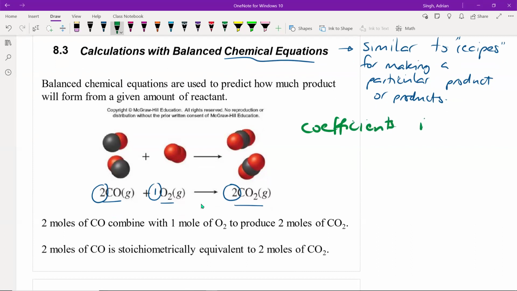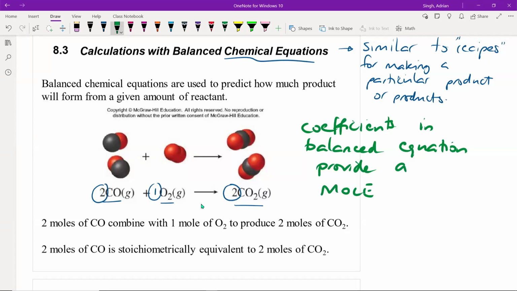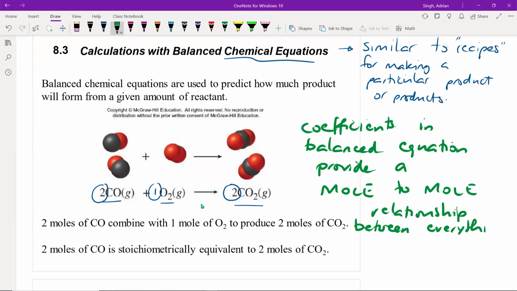The coefficients in balanced equations give us a mole to mole relationship between everything in that equation. And that's the key thing here, everything in the equation.